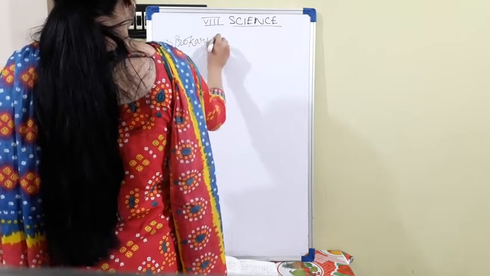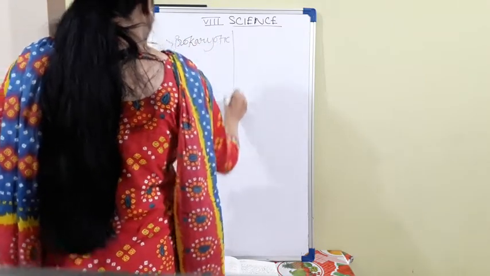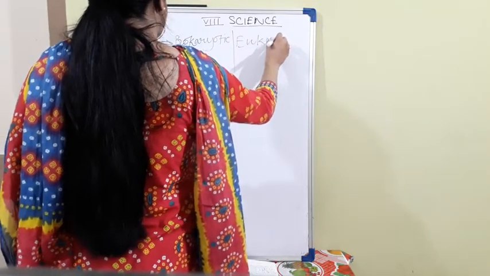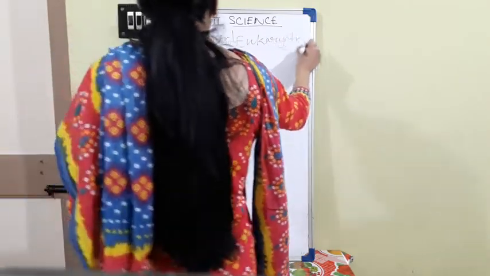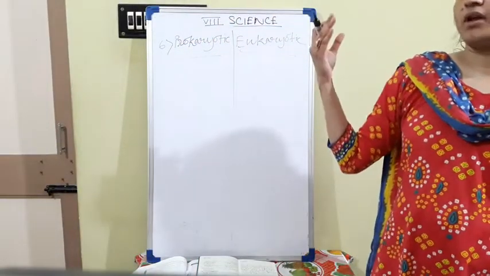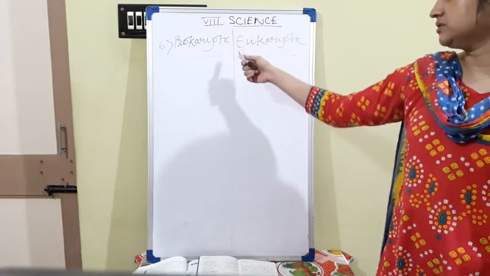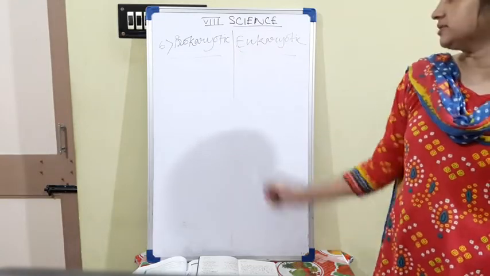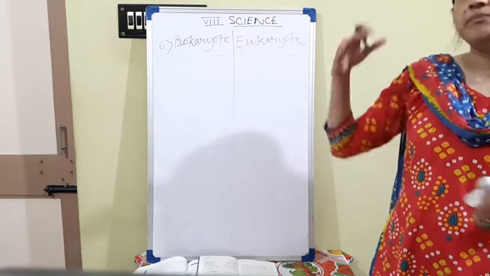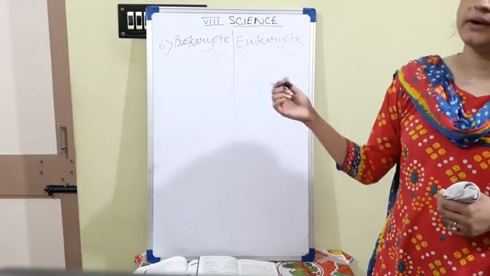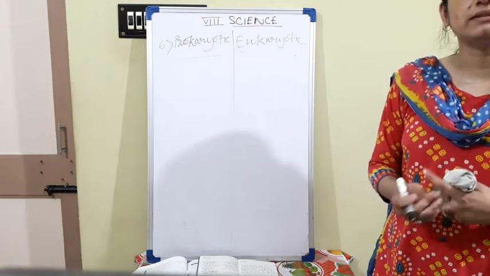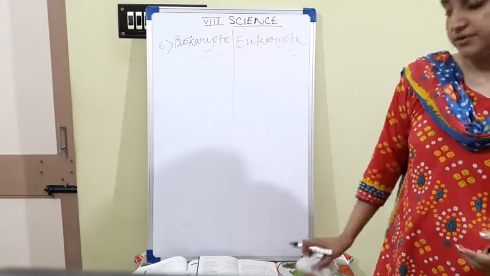You know that pro means primitive, old type of cell. Karyon means nucleus. Eu means advanced. The cell which has the primitive type of nucleus is prokaryotic. The cells which contain an advanced or new nucleus are called eukaryotic. Okay.